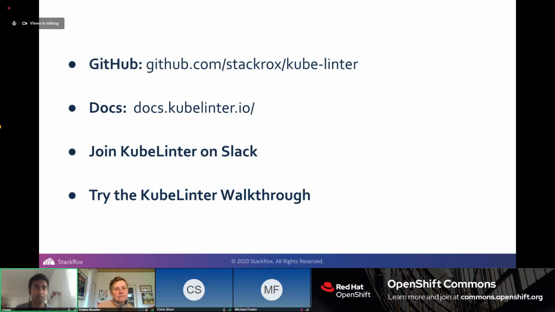With OPA and Conftest, you can achieve many of the same results, but we found that what we're building here is more focused on Kubernetes, and that allows us to do some things which are more Kubernetes natural.